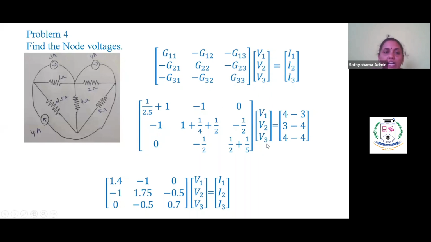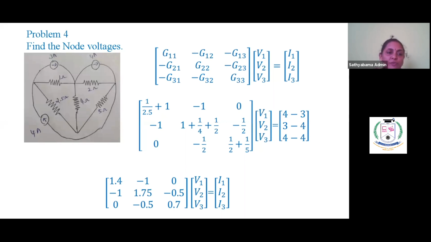V1, V2, V3 are the corresponding node voltages for the first node, second node and third node. Same way the currents I1, I2, I3. Now look at I1. I1 is the total current at node 1. This is node 1. We have 2 sources connected here, 4 amps and 3 amps. Now in this problem, no need to worry because all are the current sources.